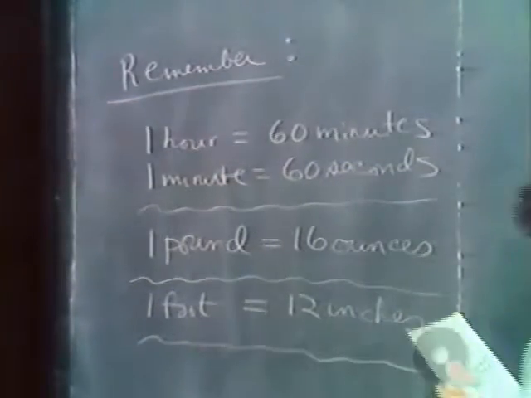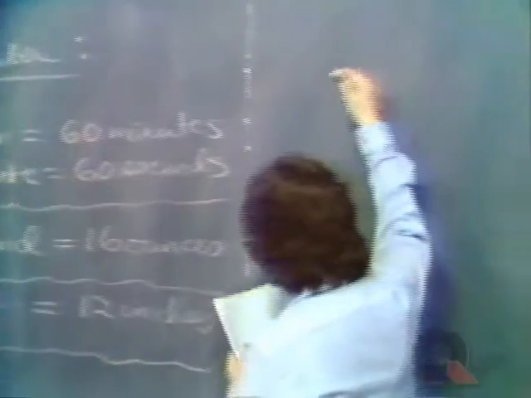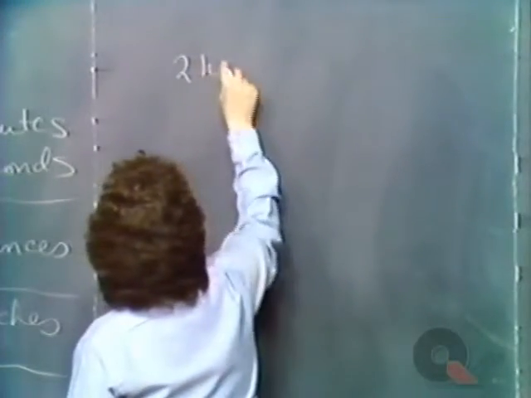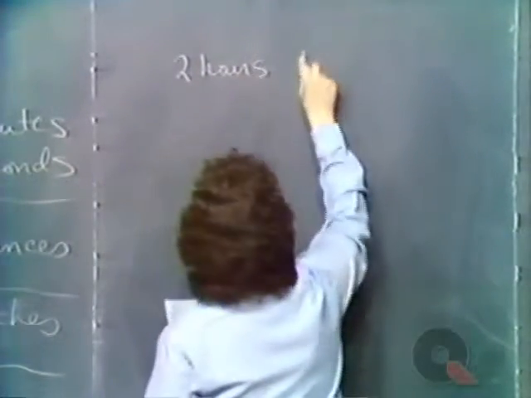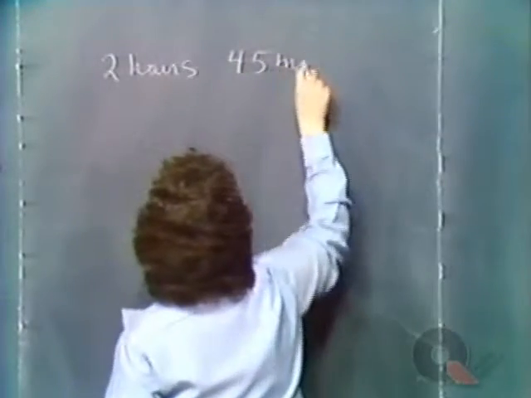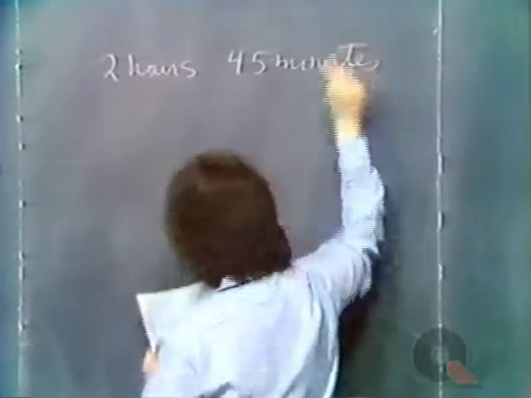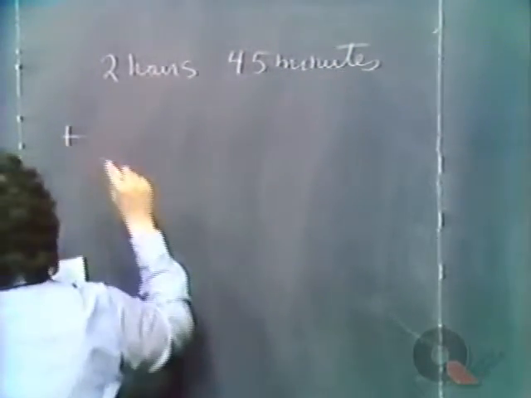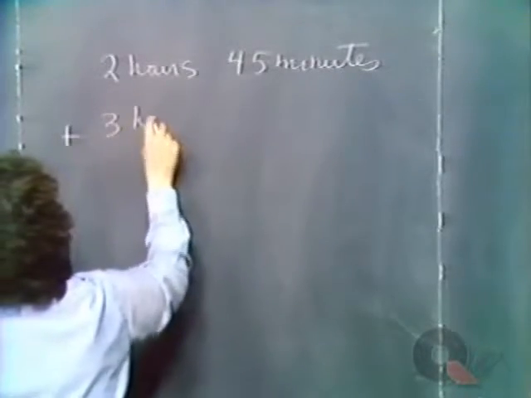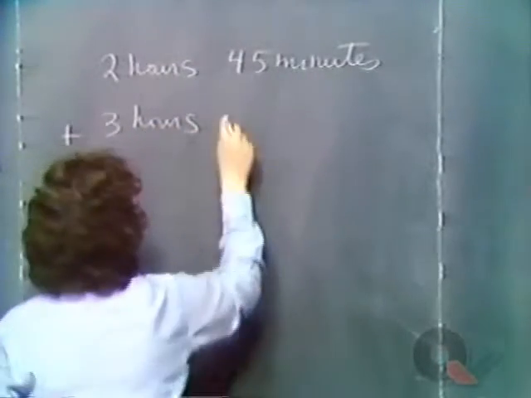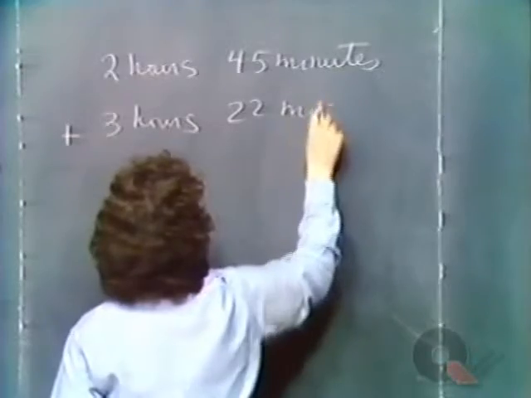Well, you might get an example like this. Add 2 hours, 45 minutes to 3 hours, 22 minutes.